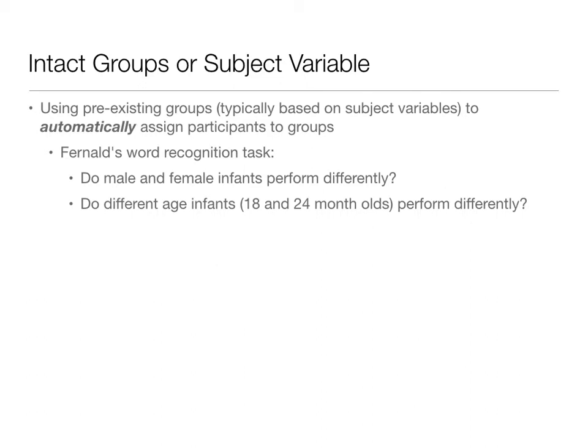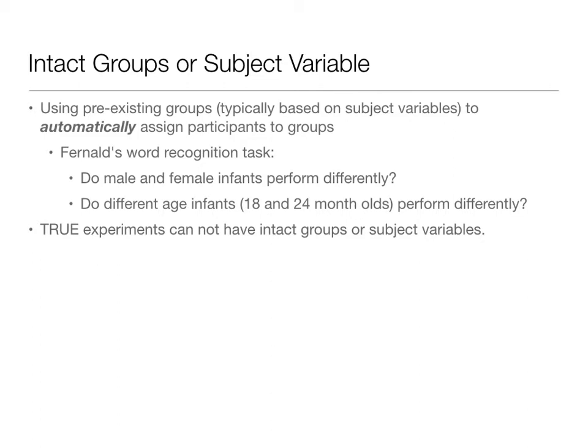She looked at two different age groups to see if the same thing was happening at both groups. Again, this would make it a quasi-experimental design because she did something outside of her control. You can't assign kids to be 18 months or 24 months. They just are 18 months or 24 months.